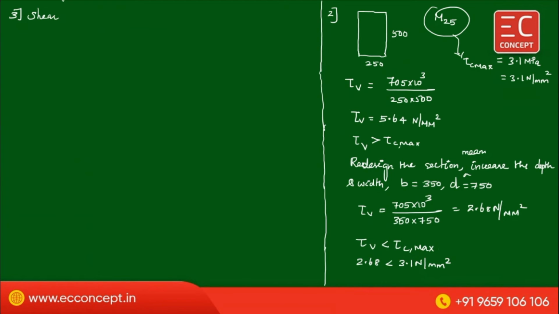shear resistance by concrete. Here we are saying concrete, but this means shear taken by uncracked section of concrete, plus shear taken by interlocking of aggregate, plus shear taken by dowel action of the tension steel.